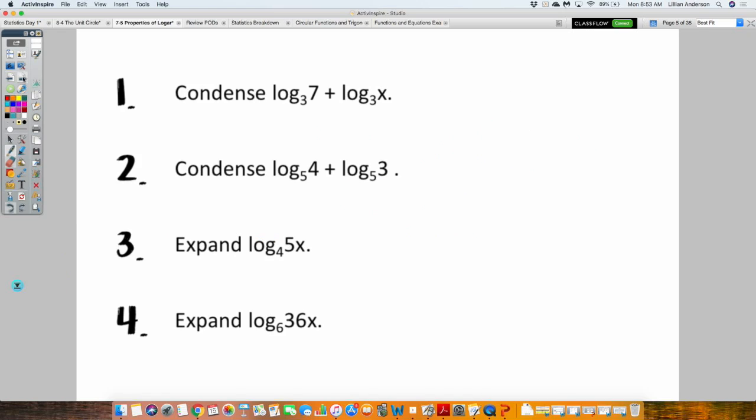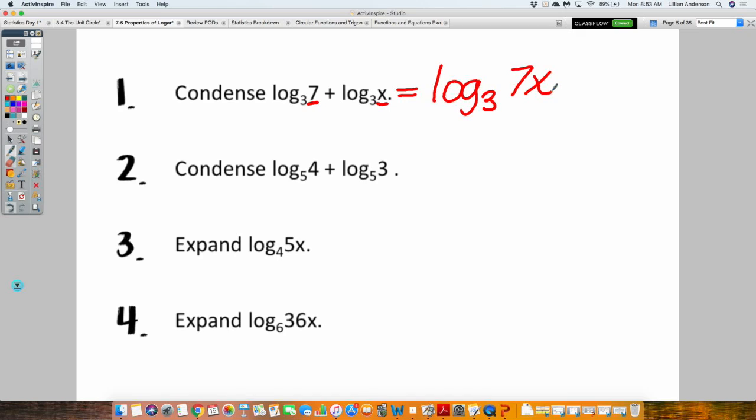So let's look at a few. We are going to condense these problems, 1 and 2, and we're going to expand 3 and 4. So anytime you see an addition, you know you can condense it using multiplication. So then it becomes just one log with a base of 3, and then you're going to multiply 7 and x together to get 7x.